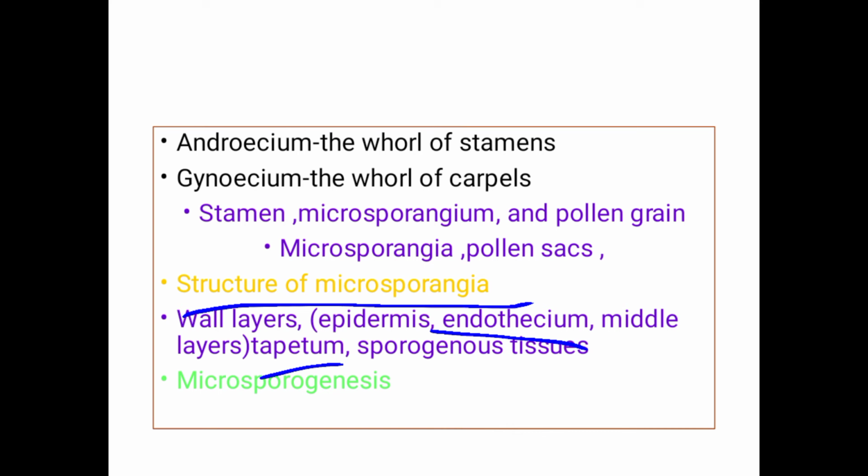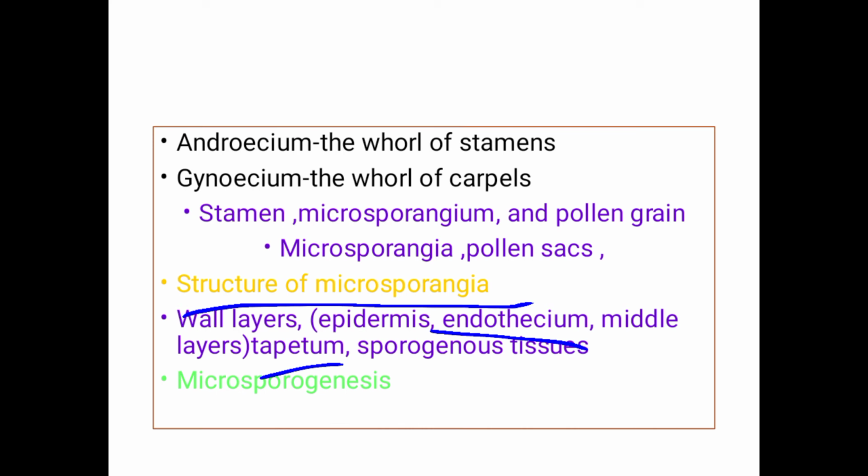After dehiscence, what will happen? The pollen grains will be spread to the surroundings. So dehiscence is one of the functions, and also protection. So they protect and also help in the dehiscence of the anther to release the pollen.